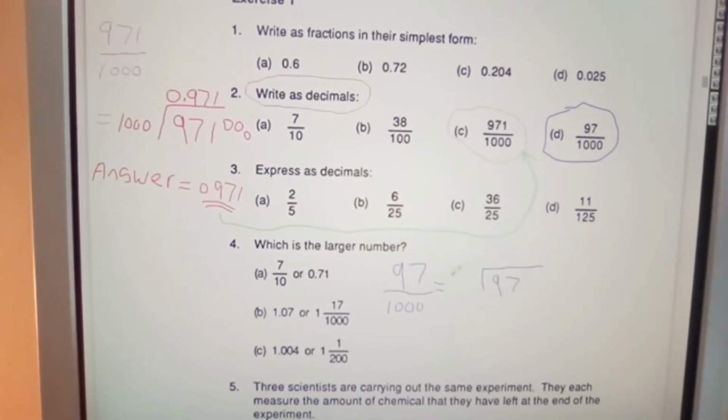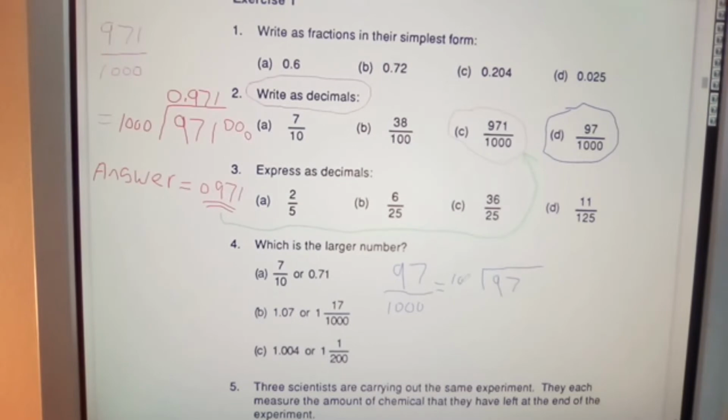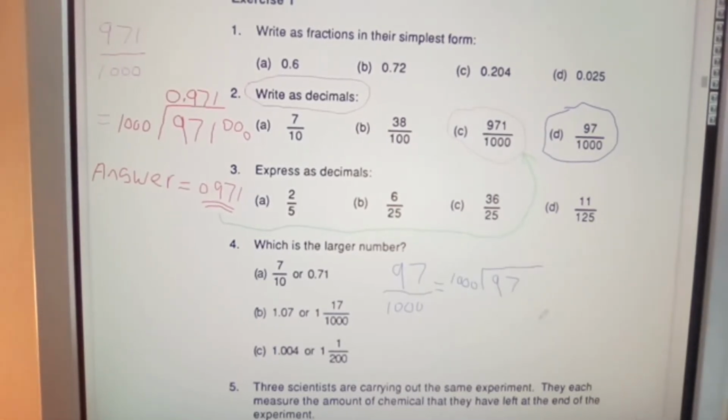Okay, and my 1000 goes on the outside of the bracket, okay? Zero, zero, and zero. Okay, 1000.